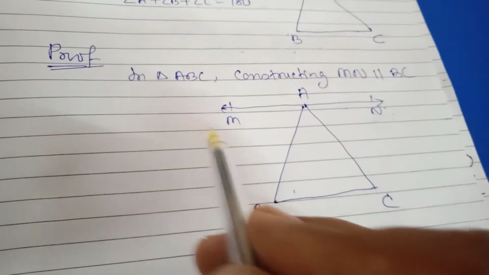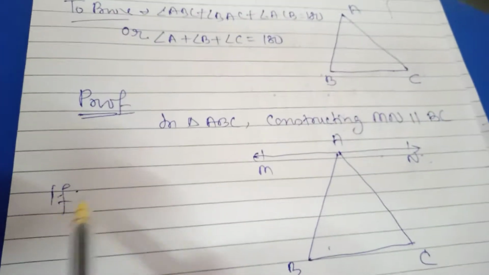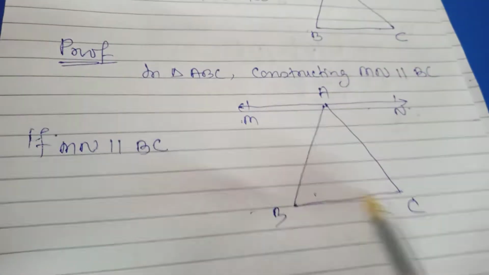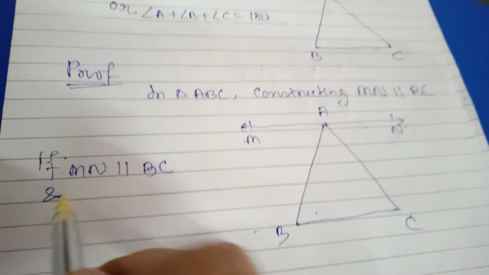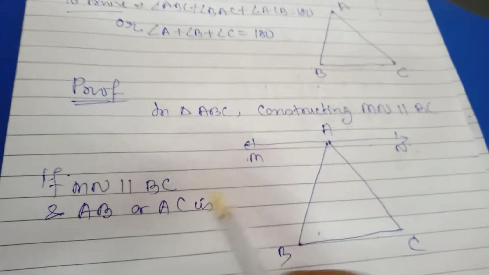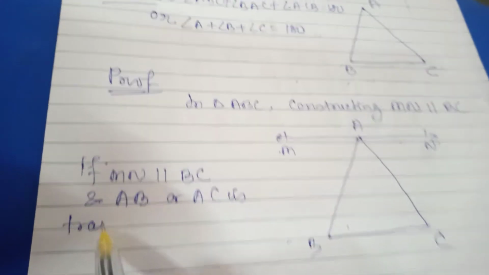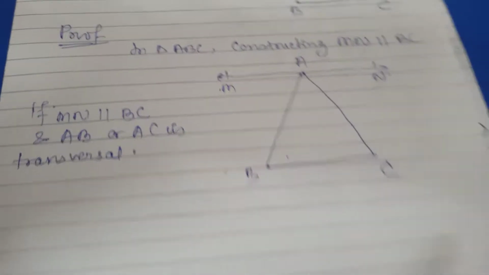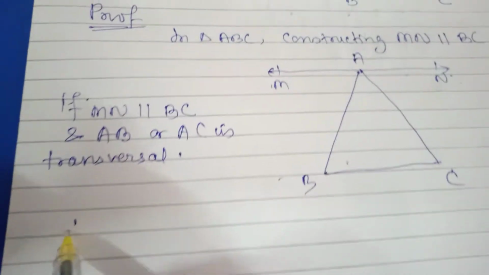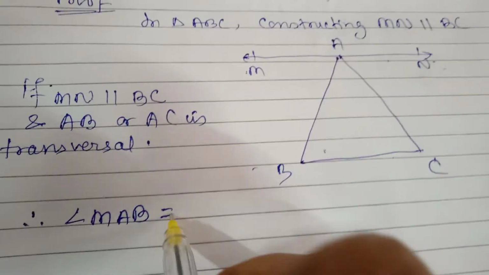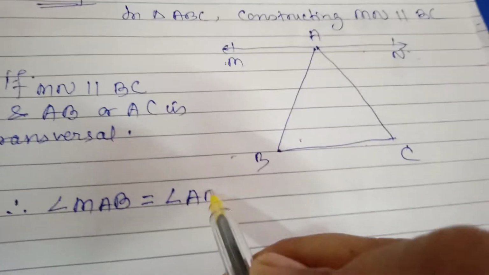So we have done before in 6.2 that if MN is parallel to BC and AB is transversal, AB or AC is what? Transversal. So what we can write, therefore angle MAB is equal to angle ABC.